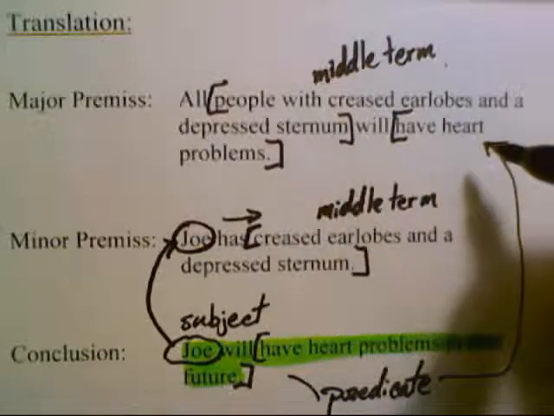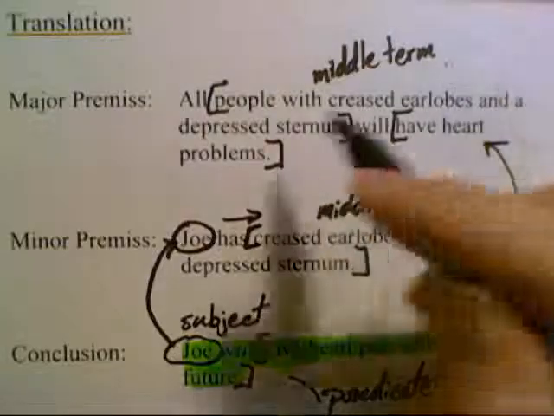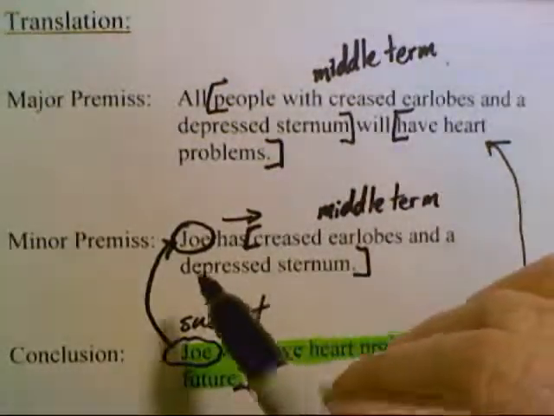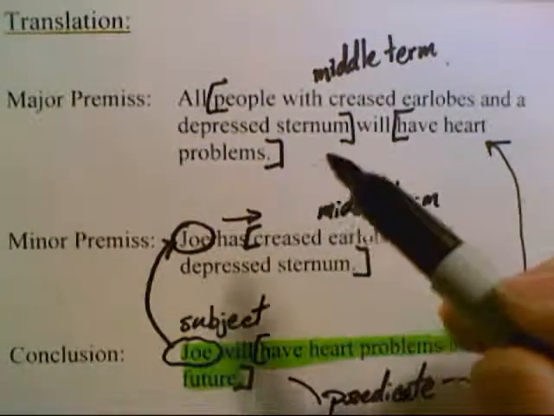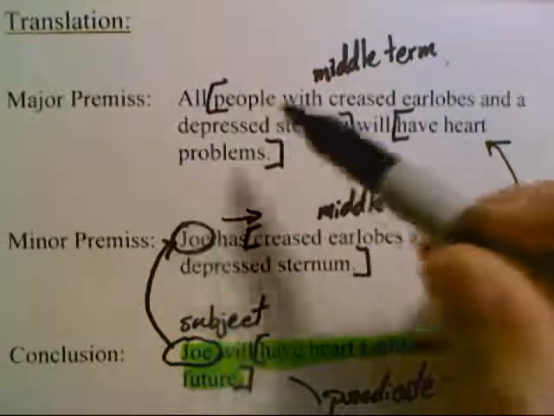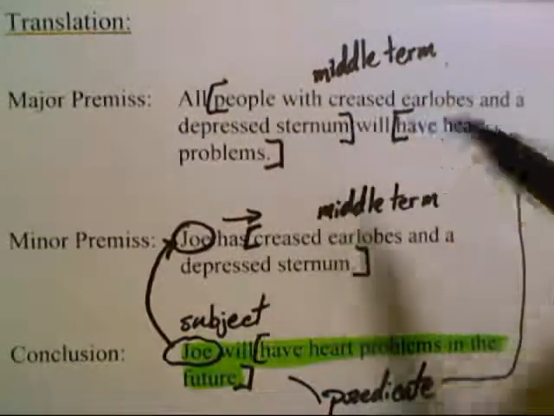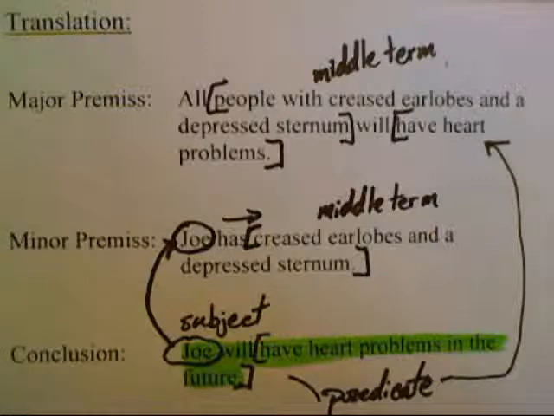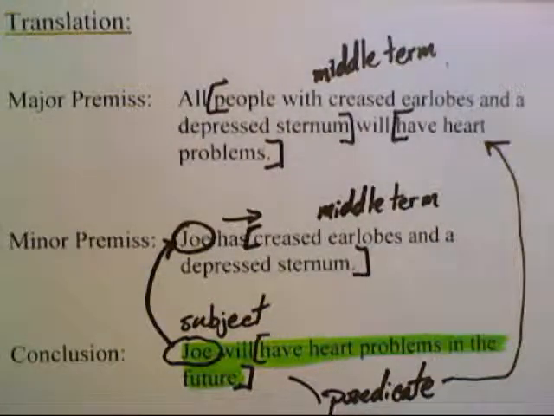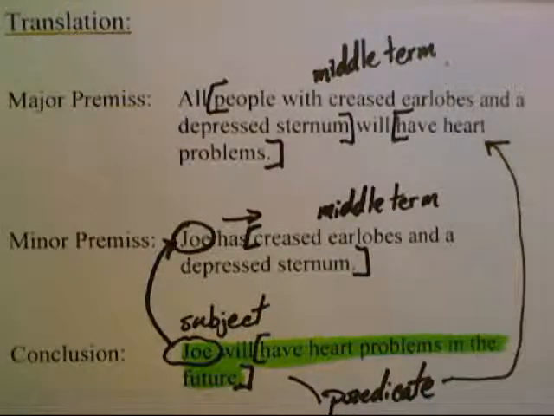So in this case, people with creased earlobes and a depressed sternum, this is where our middle term appears. Middle term in this case always leads to the predicate in the major premise. So middle term to predicate, subject to middle term, and the linkage between the subject and the predicate through that middle term is what allows us to make that conclusion.